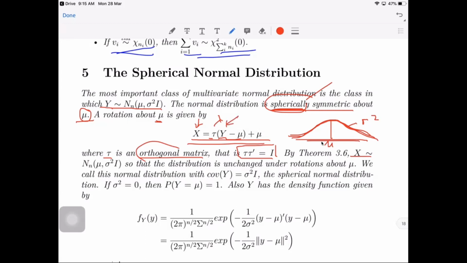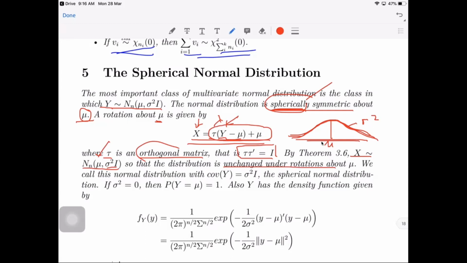Even if we transform it with a linear transformation, x is still normally distributed. This time it is with mean mu and still variance covariance matrix sigma squared I, so that the distribution is unchanged under rotations about mu.